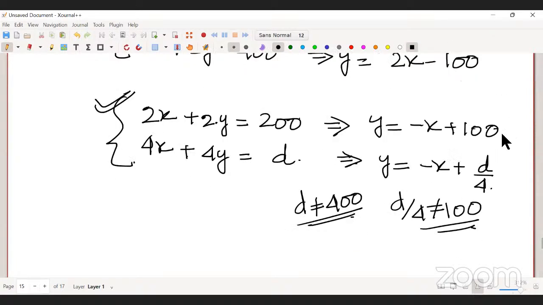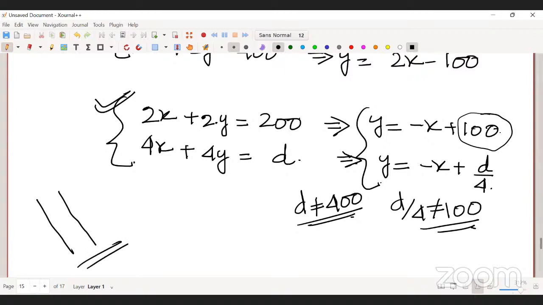That means these two lines are different lines, right? See, D by 4 is not equal to 100, and here you have 100. So they are different lines and they are parallel, right? That means these two lines will have no solution. You have two distinct parallel lines, which means they will never intersect. That means this system has no solution. Clear?